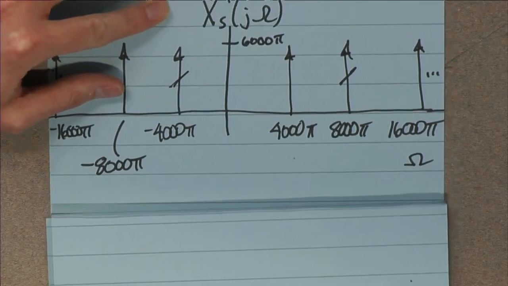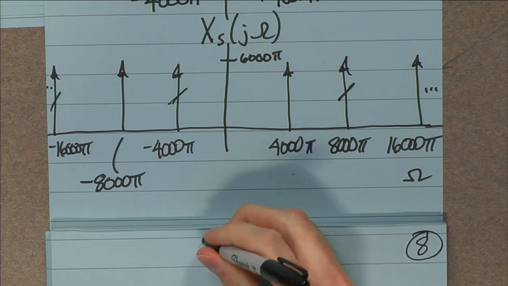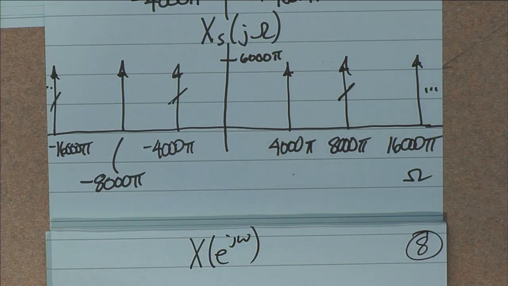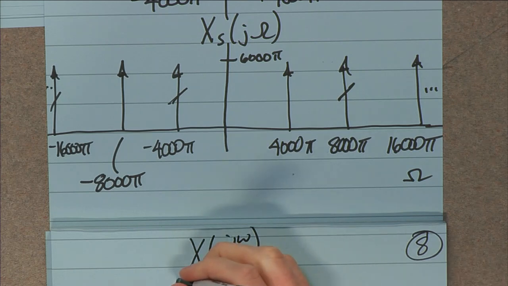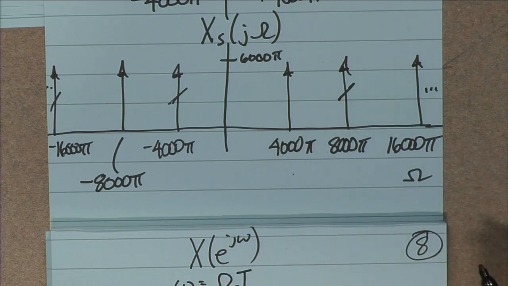So given that, the next thing we want to do is find X(e^{j omega}). So what does the discrete time spectrum look like? Well, to do that, we're going to do the scaling, where omega equals capital omega times t.